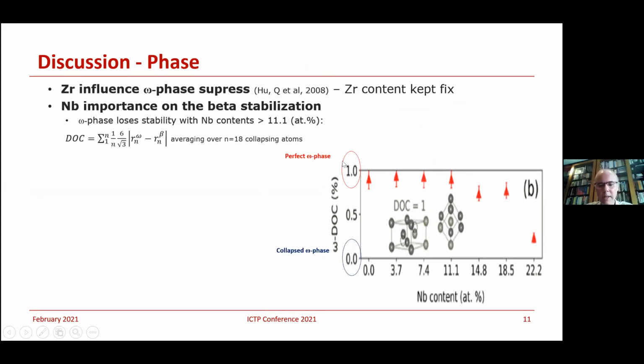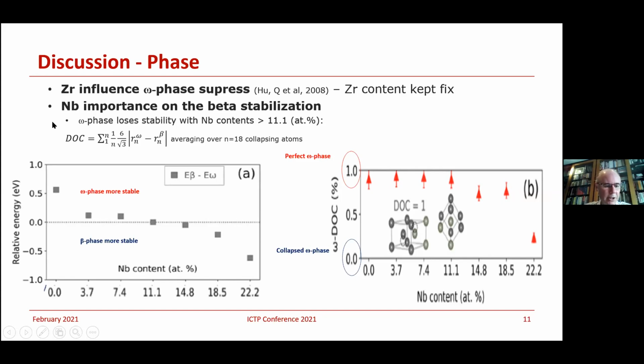So you look for this degree of collapse between the omega and the beta phase, where you have the perfect omega phase, and here would be the beta phase, and also the competition in energy between those. You could see that if you change the amount of niobium in the system, then at regions above 11%, you stabilize this beta phase.